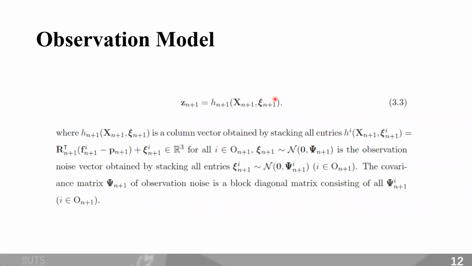The considered observation measurements are the relative feature positions in the robot frame. This is a very simple model, and bearing and ranging functions can also be considered. They are functions of the relative feature position, but the further conclusions are the same. So for simplicity, the observation measurements are set as here.